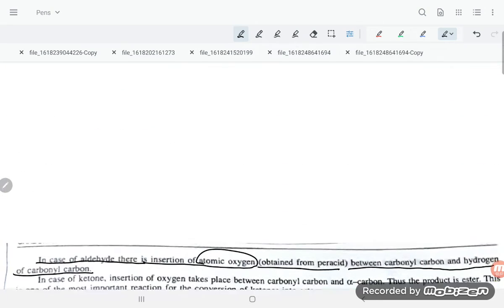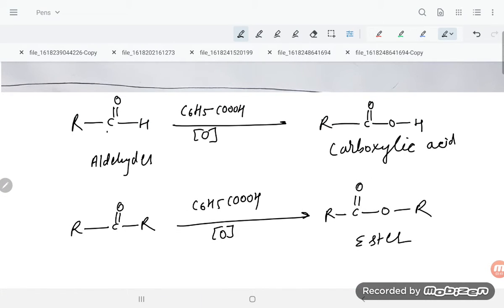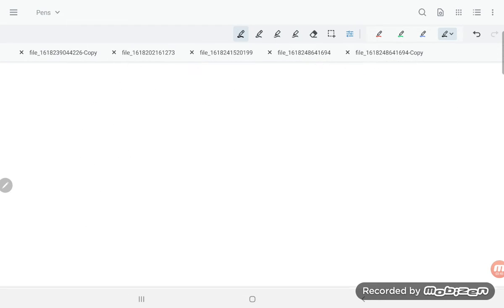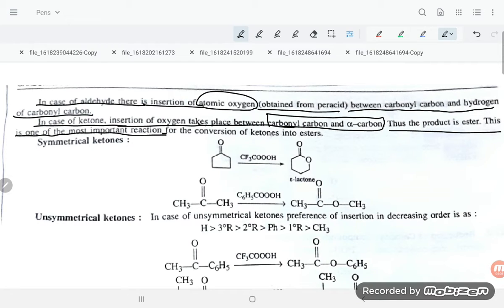Now the second point, in case of ketone, insertion of oxygen takes place between the carbonyl carbon and the alpha carbon. Thus, the product is ester. This is one of the most important reactions for the conversion of ketone to esters.